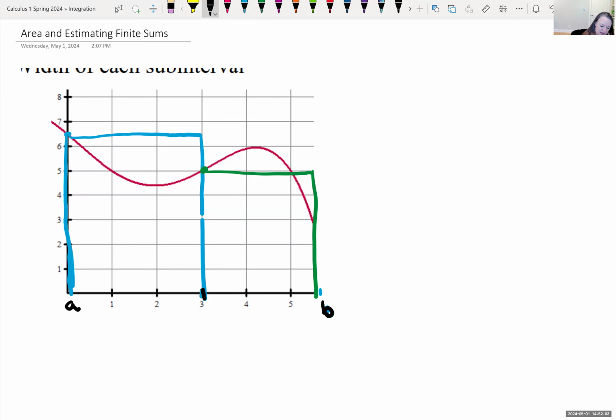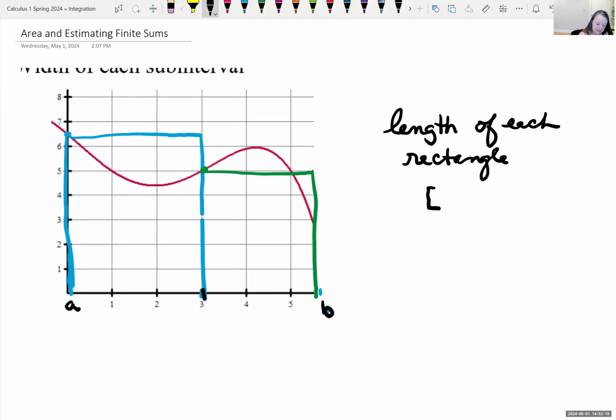And so if I look at the length of the rectangle, we are going to look at our endpoints of our interval AB, with n rectangles.